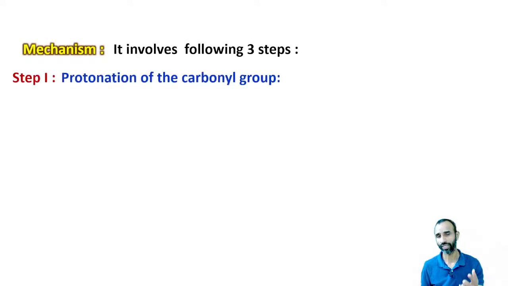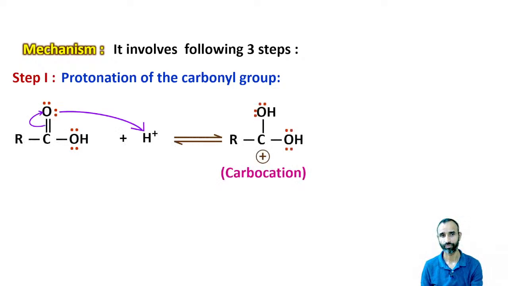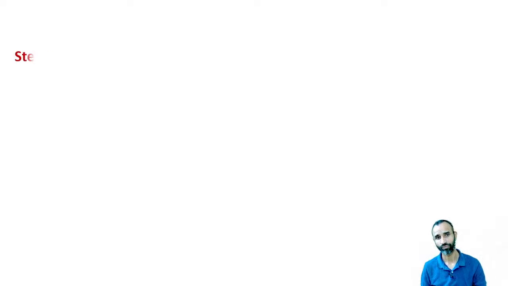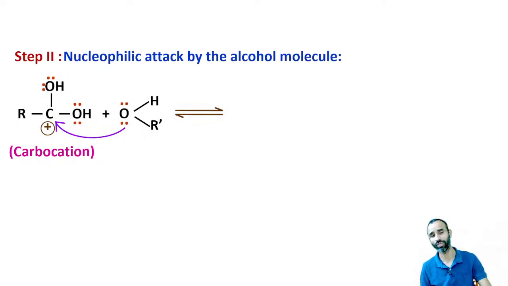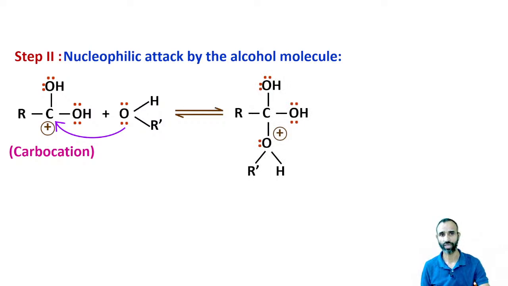It has 3 steps. In the first step, there is protonation of the carbonyl group. We get this carbocation. Then nucleophilic attack of alcohol takes place on this positively charged carbon.